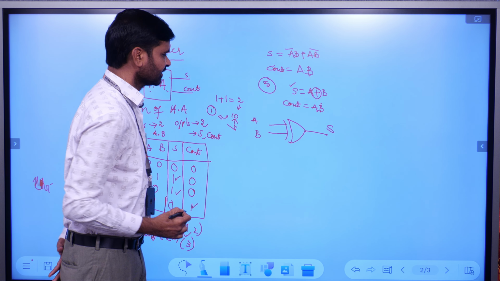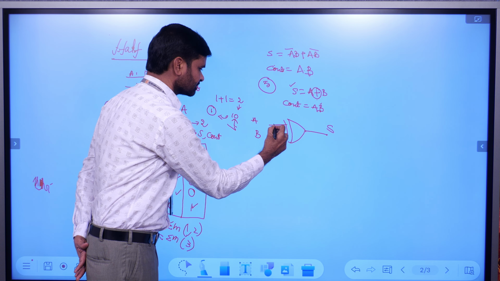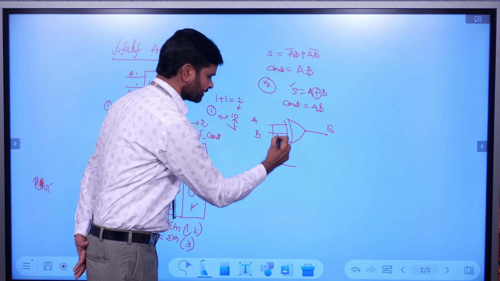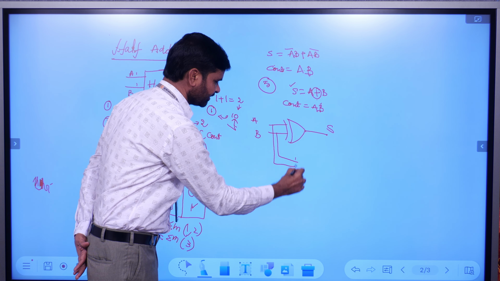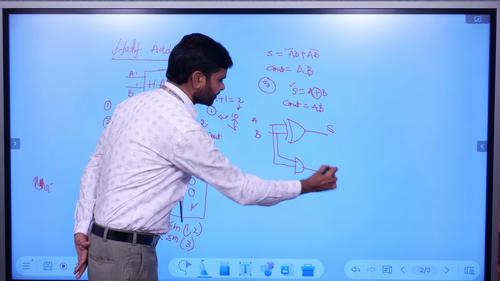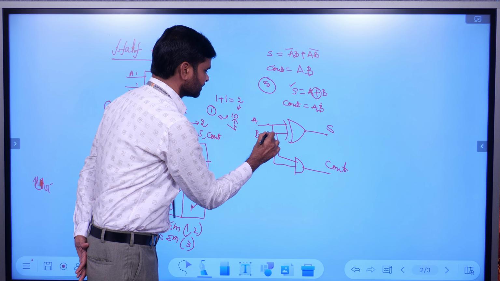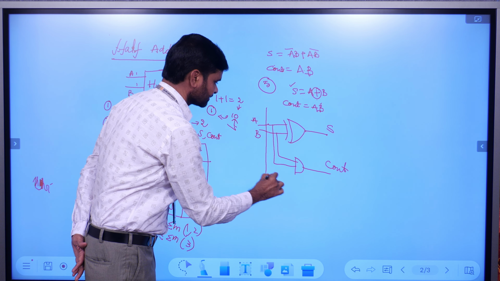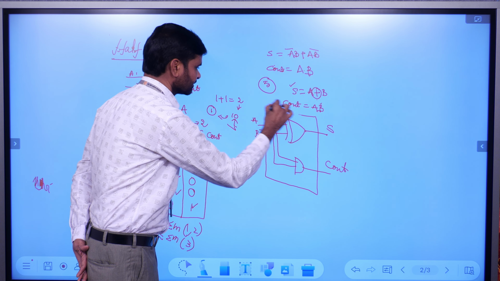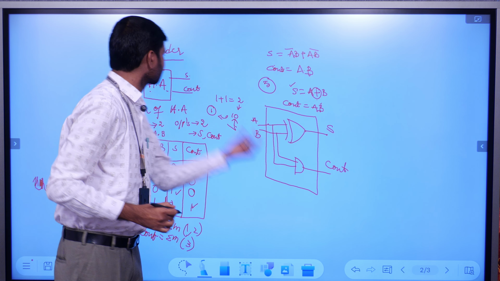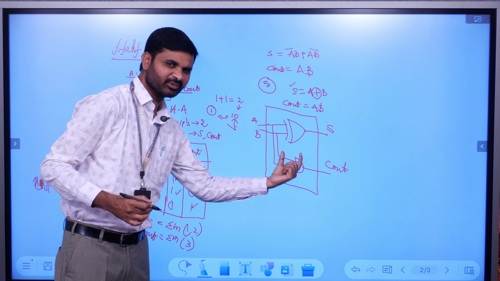Now I'm representing Cout: A and B with an AND operation. So this is Cout. Now this black box is this one, so the internal logic diagram is this one.